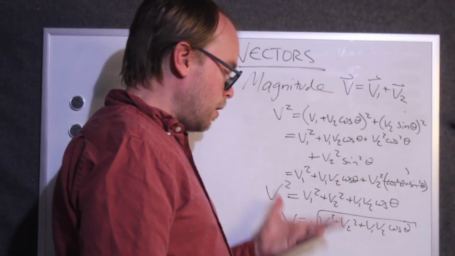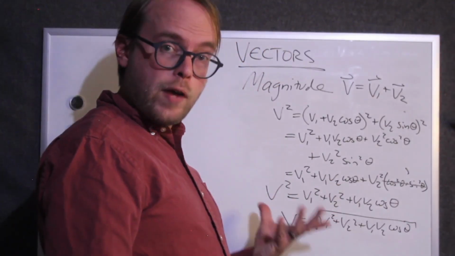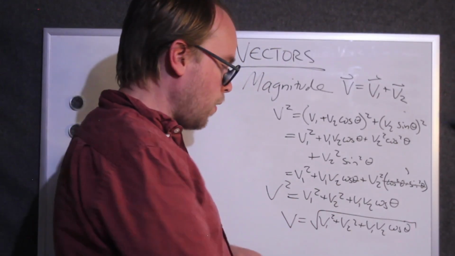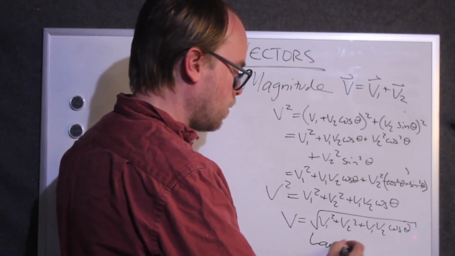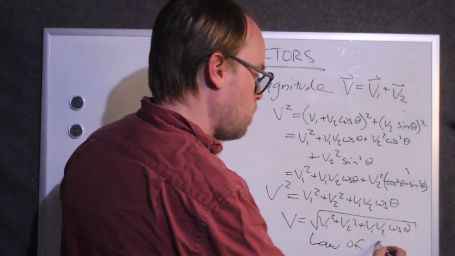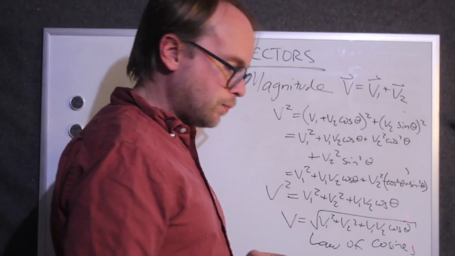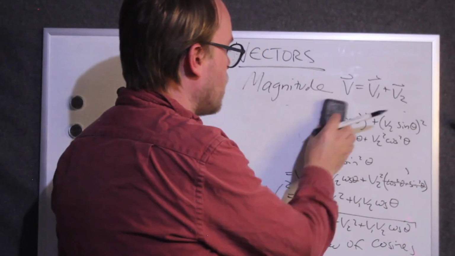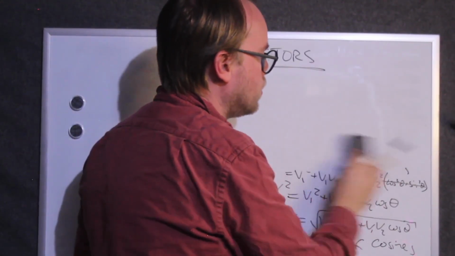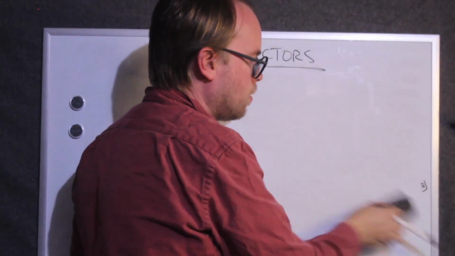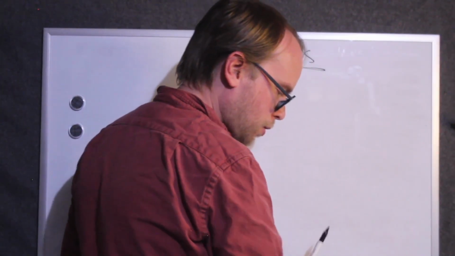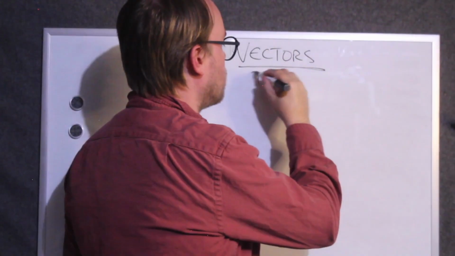And that is how you get the magnitude of the vector from vector addition. This is called the law of cosines. Okay? Now the direction is a little bit easier, a little bit less trigonometry. Direction.